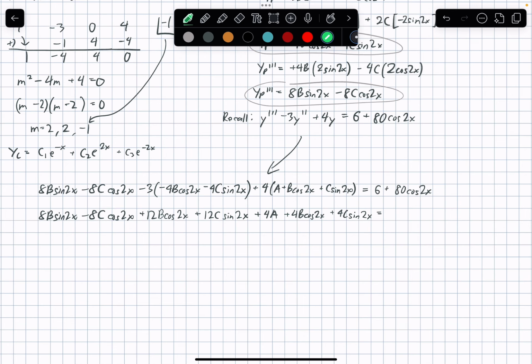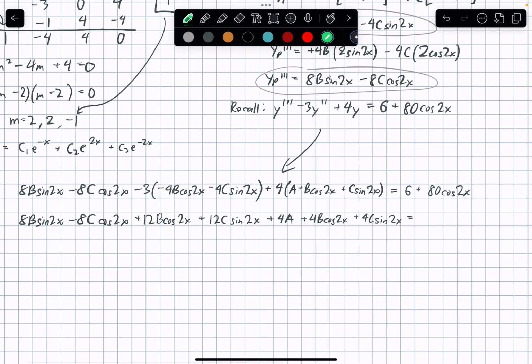Okay, see if there's anything similar on the left-hand side. Sine 2x. Yeah, let's group them together.